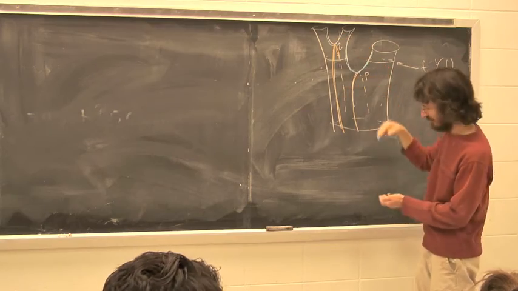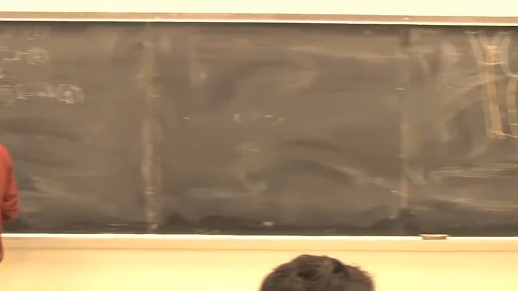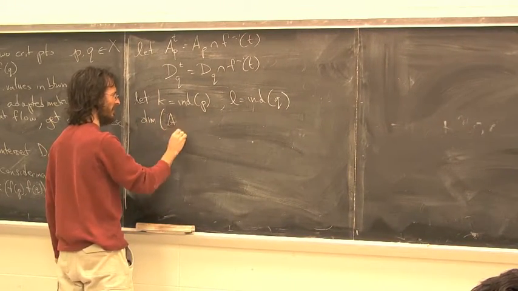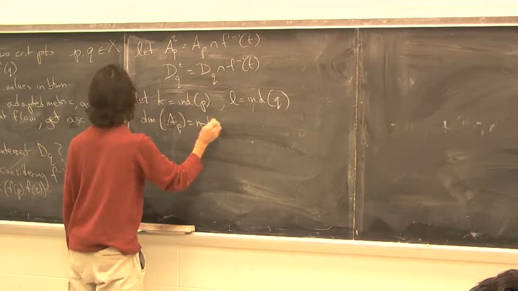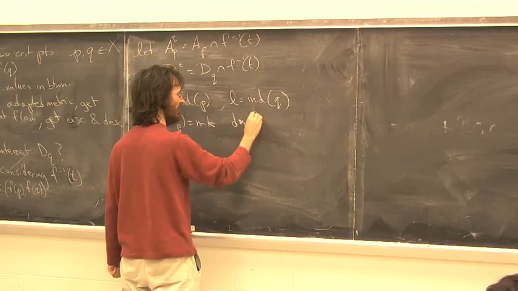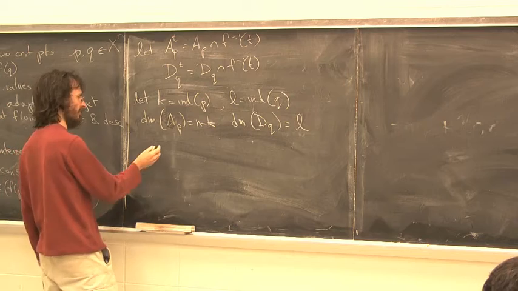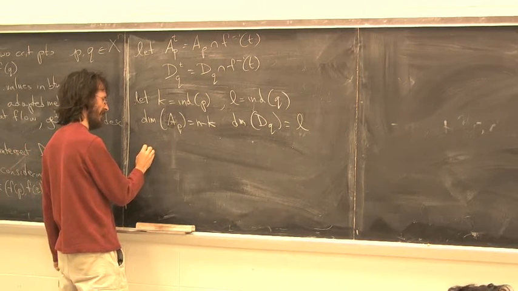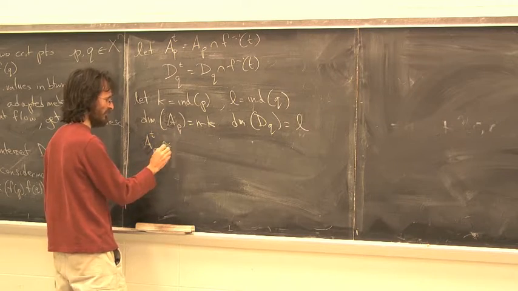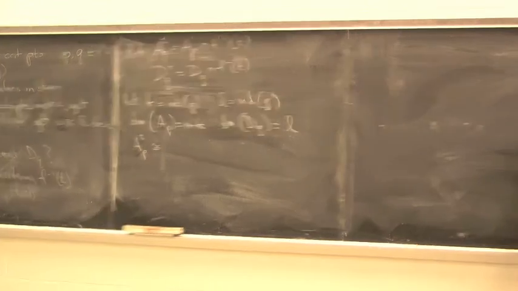So first of all, the dimension of the ascending manifold for P is n minus k, n is always my total dimension, and the dimension of the descending manifold for Q is l, and therefore A_P^t is diffeomorphic to a sphere, because this ascending bit is a disk since I haven't run into anything else, right?